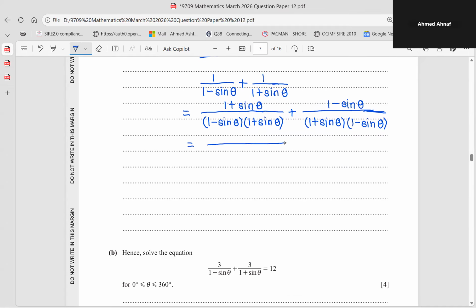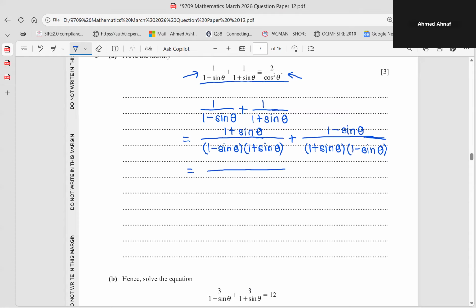So let's add these fractions up together, keep the denominator the same. So 1 plus sine theta plus 1 minus sine theta. 1 plus 1 is 2. Sine theta minus sine theta, yeah, that's just 0. And for the new denominator, you can see that it's in the form a minus b times a plus b.